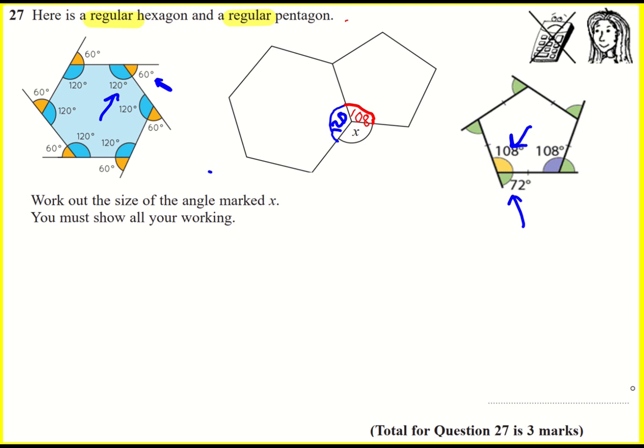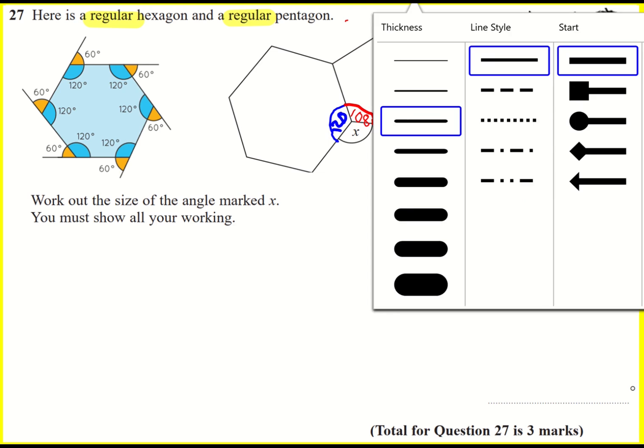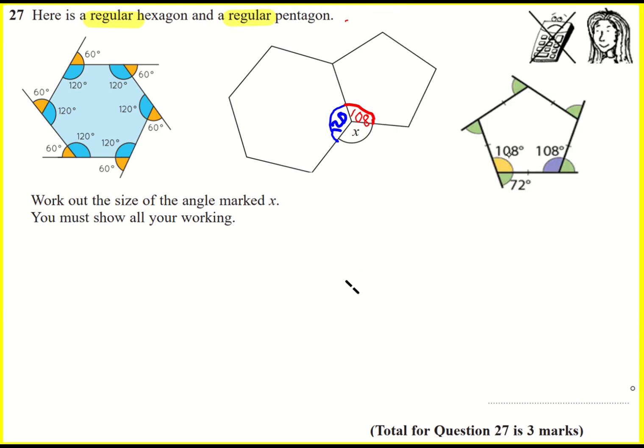So I will do that in a second, but I just want to talk you through how you actually get these angles if you don't know them off by heart. So you may have in class done interior angles of polygons, and you may recall the method where you go from one vertex to each of the others.